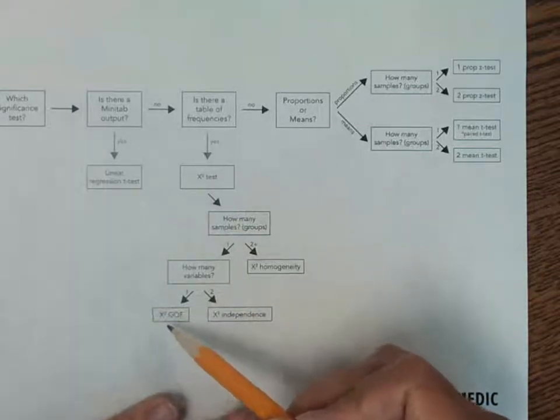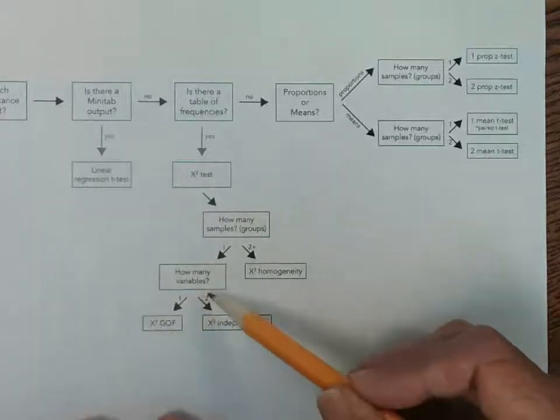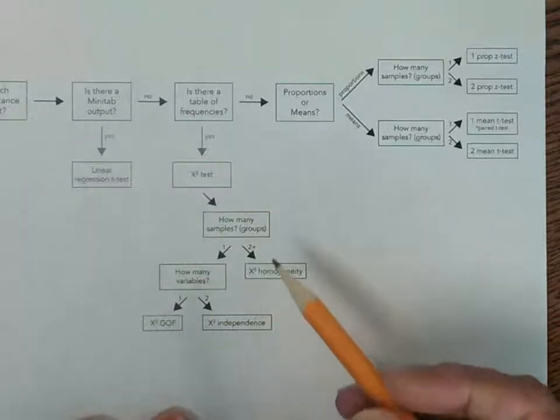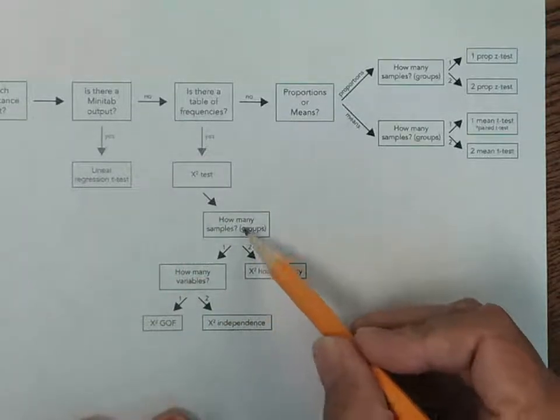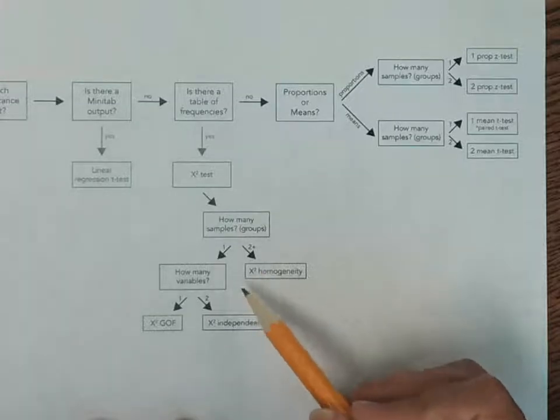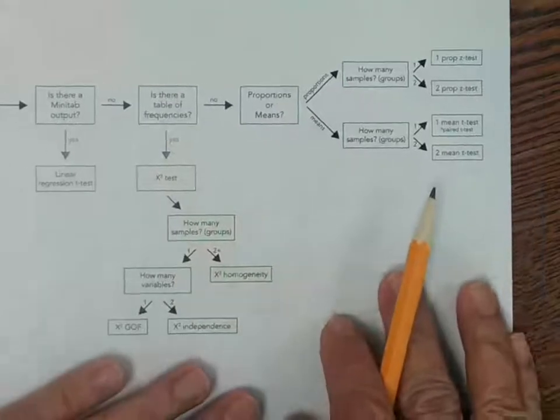You're comparing your data to some known distribution. If there's 2 variables, you're doing a chi-square test of independence. And if you have 2 or more samples or groups looking at a single variable, you're doing the chi-square test of homogeneity. Again, that's if you have a table of frequencies.